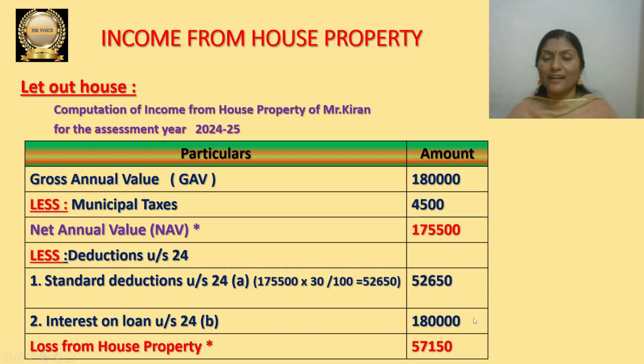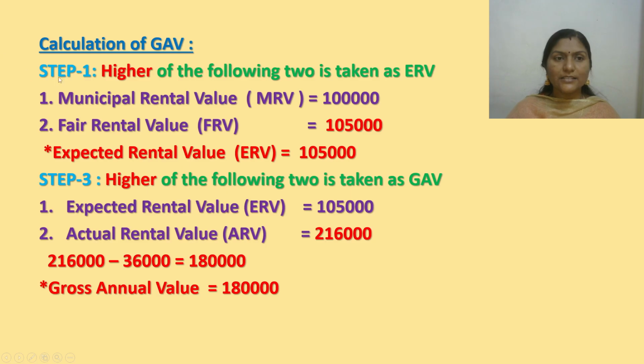NAV is less than deductions, so we have to deduct it, but the amount we get is not income, it is loss from house property. Whenever an assessee gets loss, there is no tax on that. Next, this is the calculation of GAV. We took only step 1 and step 3. Step 2 is not required because there is no standard rent in this question.